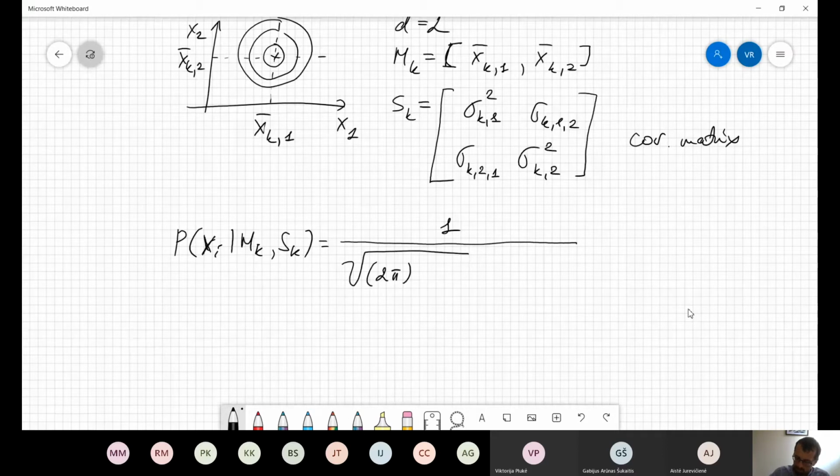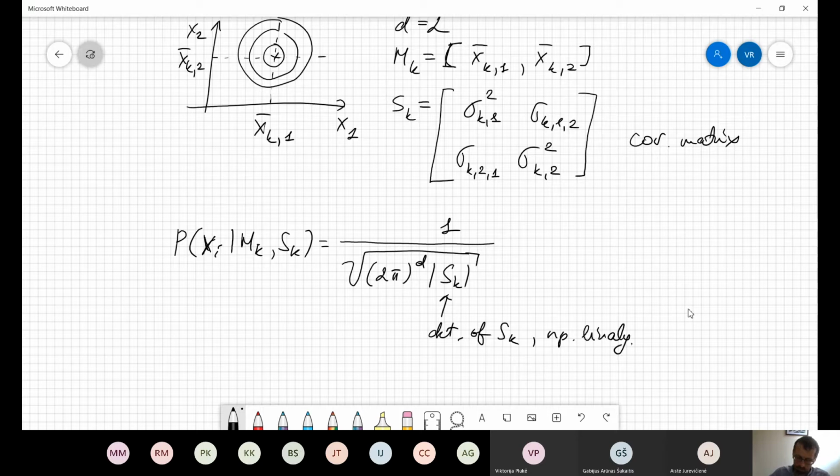This is (2π)^d to the power of d, and this is the determinant of sk. If you want to calculate that, you can do it with np.linalg.det, given sk.